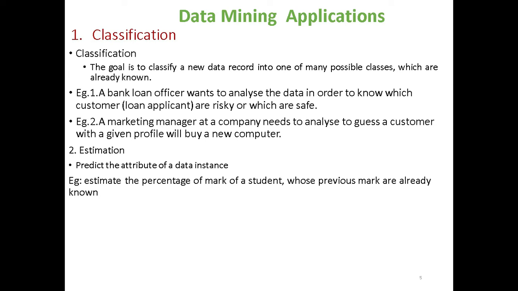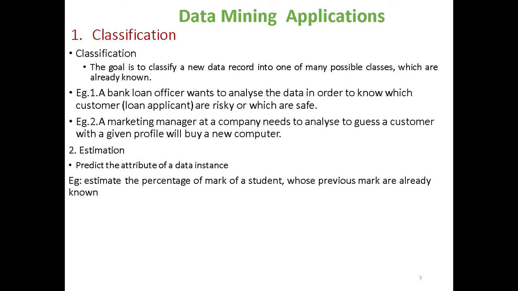For example, a bank officer wants to give a loan to a customer. While sanctioning the loan, the officer should think about whether the loan applicant should be given the loan or not. The officer will search the database, where there will be details of the people who have taken loans from the bank.